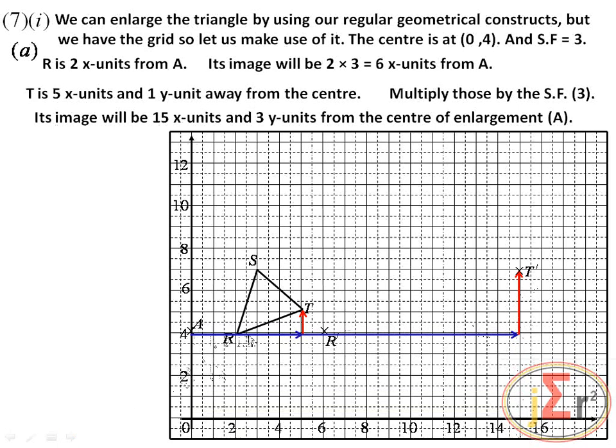S is 3 x units and 3 y units from A. Multiplying by 3, we will have it 9 x units and 9 y units away. 1, 2, 3, 4, 5, 6, 7, 8, 9 right here. There is where we will have S prime.